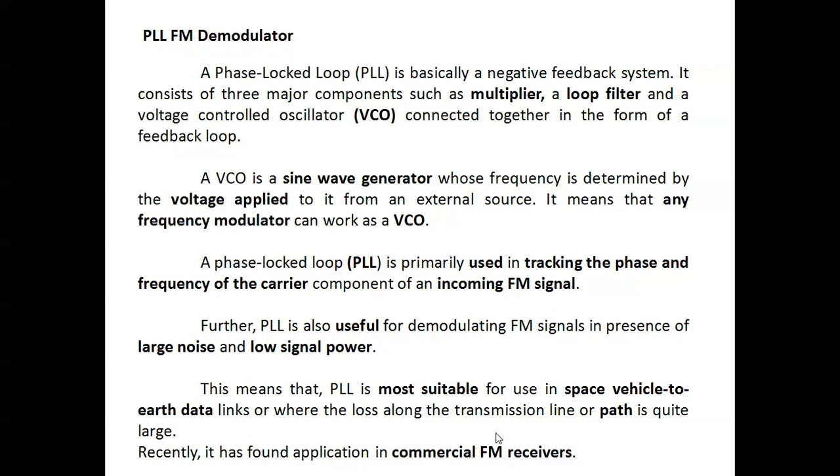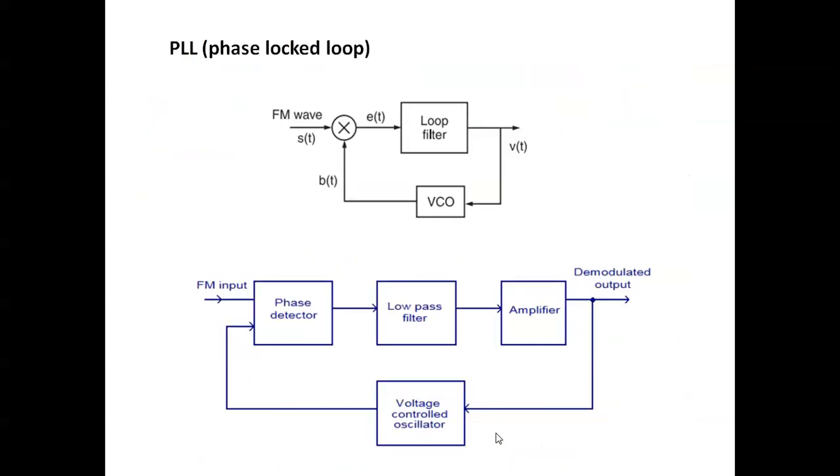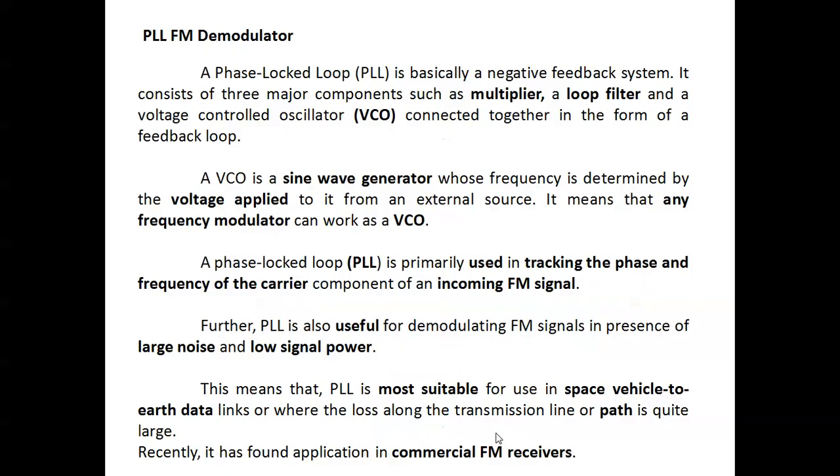So what are the components in the FM demodulator? See the components: FM input, then phase detector, low pass filter, amplifier, voltage control oscillator, and final output. The PLL is basically a negative feedback circuit.